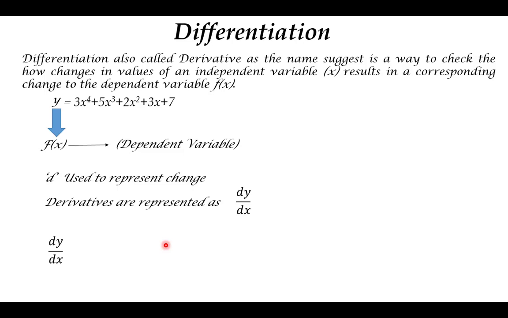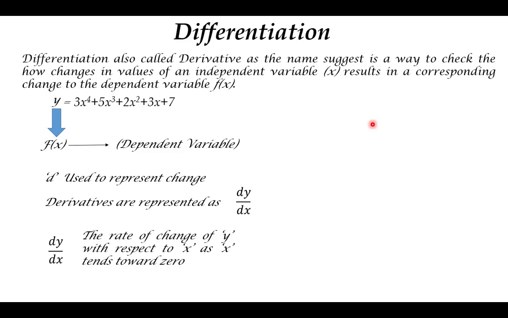So dy dx is the rate of change of y with respect to x as x tends towards 0. What this implies is that with dy dx, or with differentiation, we are able to determine the instantaneous rate of change of one variable with respect to another.